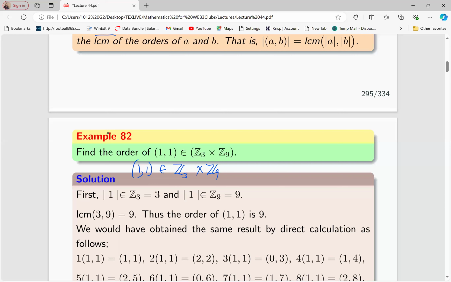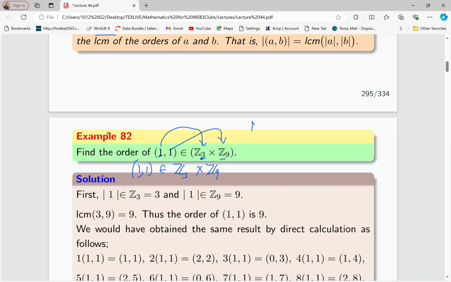So for me to find the order of (1, 1), I'll first find the order of 1 in this group, and then the other one comes from this other group. Again, I repeat what we mean by the order. These are additive groups. They have no star, so these are additive groups. So I'm asking myself, how many times am I going to add 1 to get 0 in Z3?